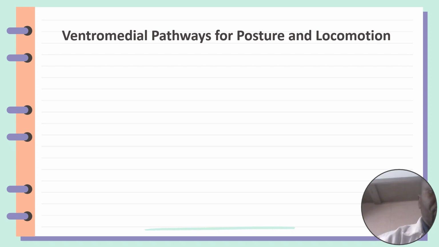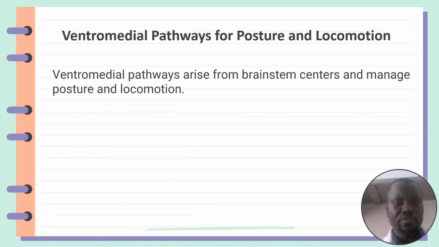Let's look at the ventromedial pathways, or the extrapyramidal pathways, the pathways other than the pyramidal pathways. The ventromedial pathways are important for control of posture and locomotion. These pathways arise from the brainstem, from various nuclei, the red nucleus, the pontine nuclei, the tectospinal, and all those.